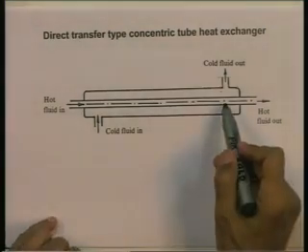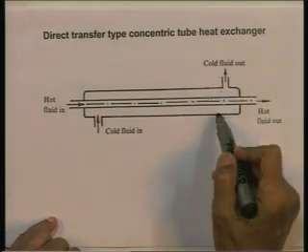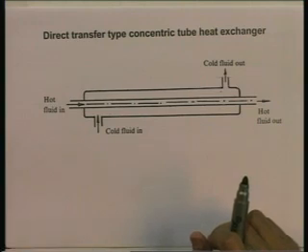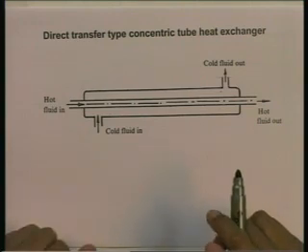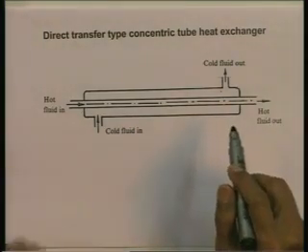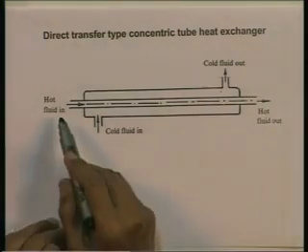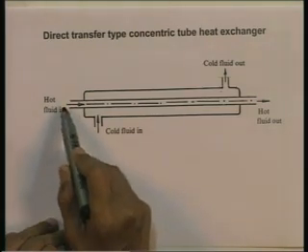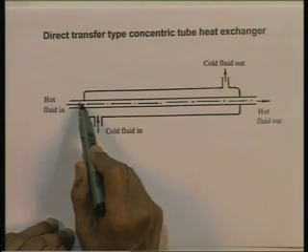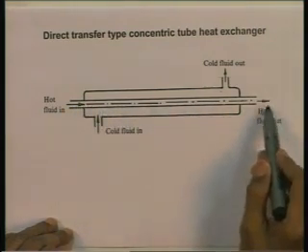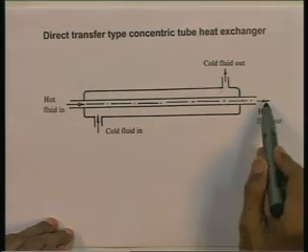This is the inner tube, this is the outer tube here, and they are concentric to each other. The hot fluid flows through the inner tube. It is entering the inner tube on the left hand side, flowing along the inner tube and leaving the heat exchanger here.